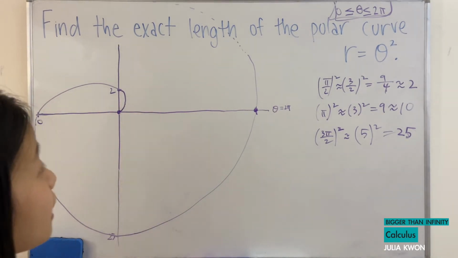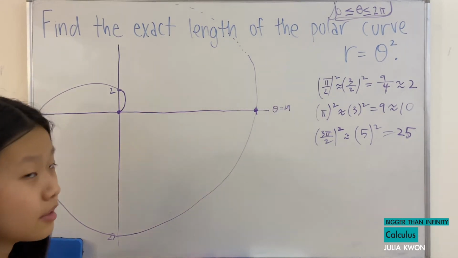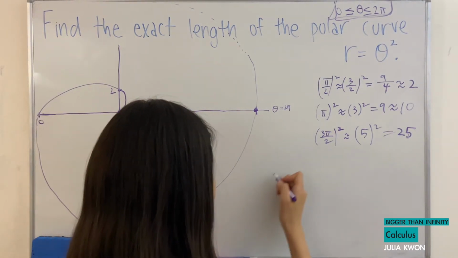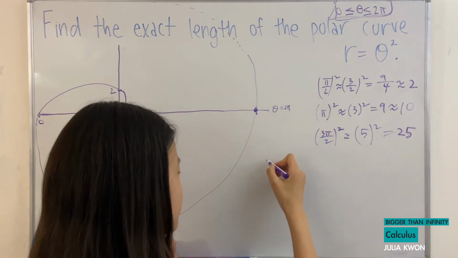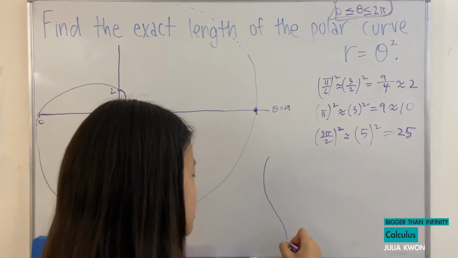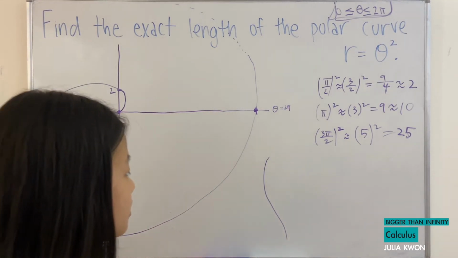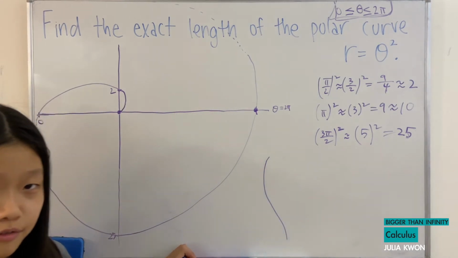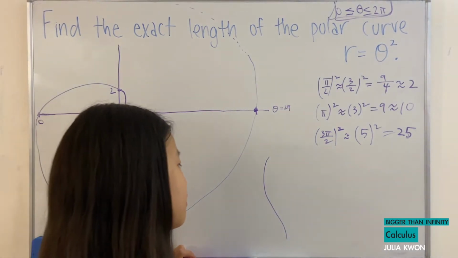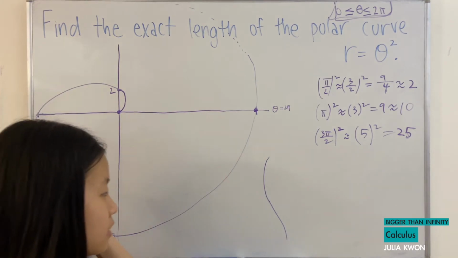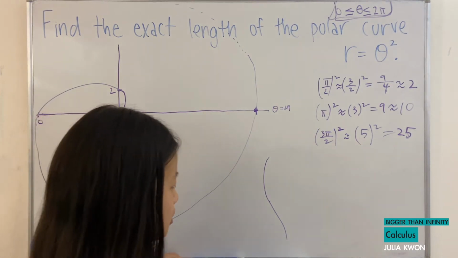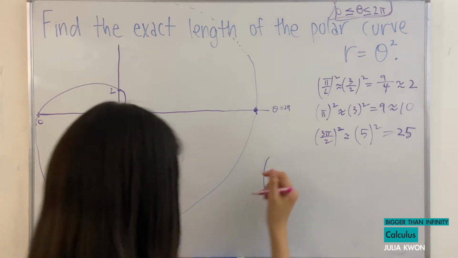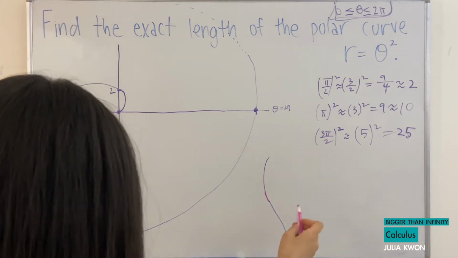And now how do we find the exact length of a polar curve? Well, let's say that this is a polar curve, and we were trying to find its exact length. Then what we would do is first find a very small portion of this curve, like that's a straight line.